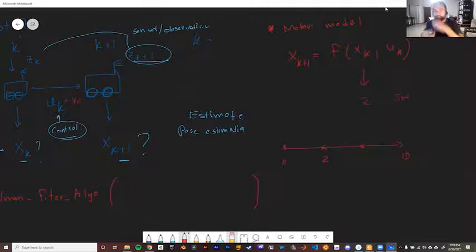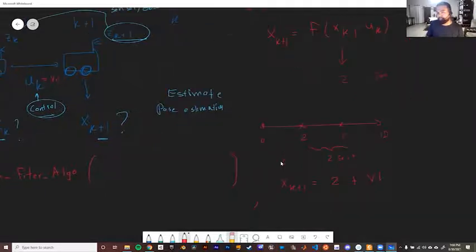So basically the motion model gives you the relationship between the current state and the next state based on the motion command. It's a very simple motion model here in this 1D case. Let's say the time difference between xk plus 1 and xk is 2 seconds. Then xk plus 1 is simply 2 plus the velocity times time, so 2 plus 5 meters per second times 2 seconds.